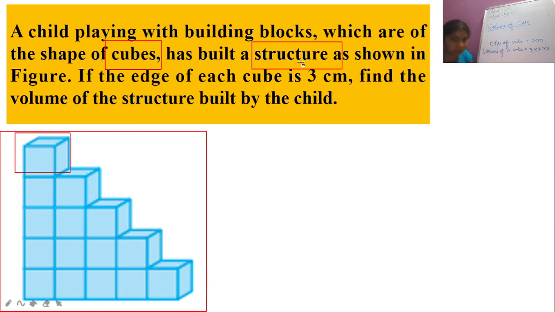Why 3 into 3 into 3? Because we know that the volume is equal to a cube, a cubed, right? So that's why we have 3 into 3 into 3. So what is the volume? What is the answer for this? It is centimeter cube.